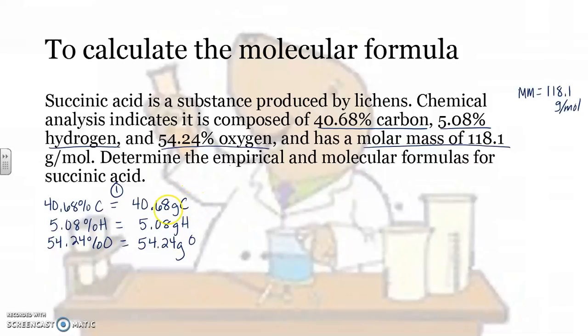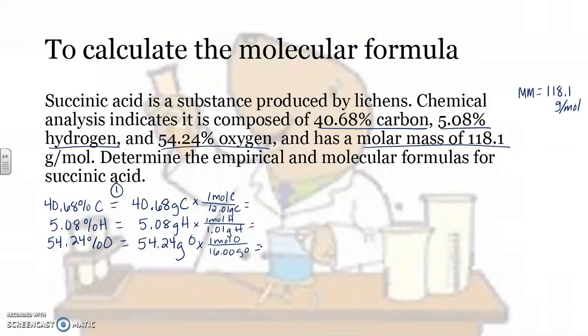All right, second step, we've got to go from grams to moles. So from grams to moles, we've got 1 mole of carbon, and that's equal to 12.01 grams of carbon. 1 mole of hydrogen is 1.01 grams of hydrogen, and 1 mole of oxygen is 16.00 grams of oxygen.